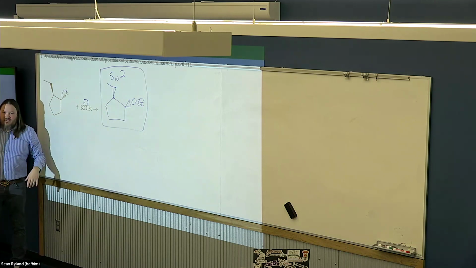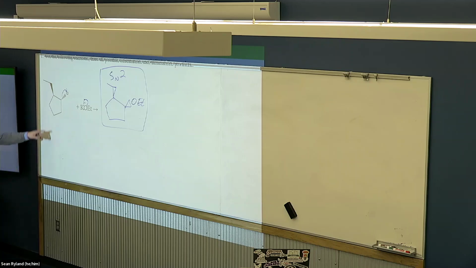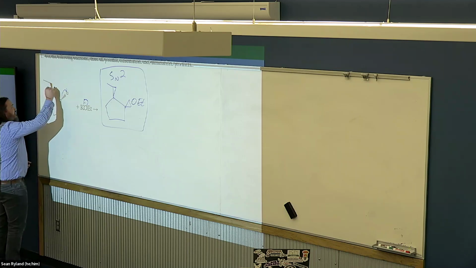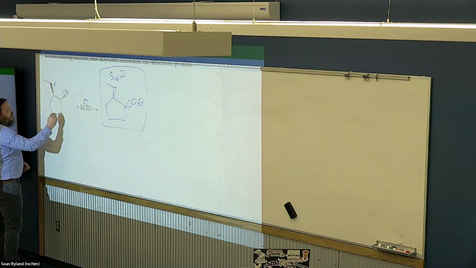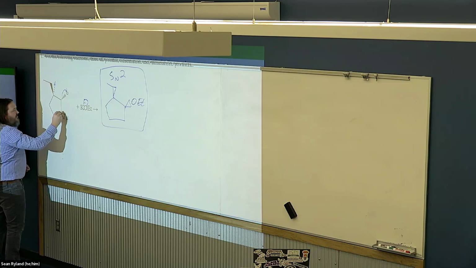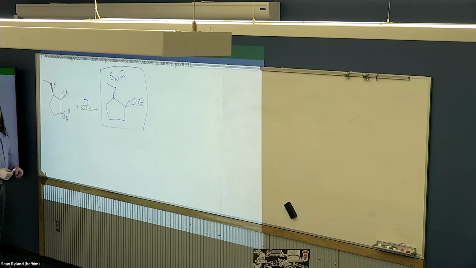It's gonna act as a base, bingo. So it's gonna pull a hydrogen off of one of the adjacent carbons. So we have a hydrogen here, hydrogen here, hydrogen here.